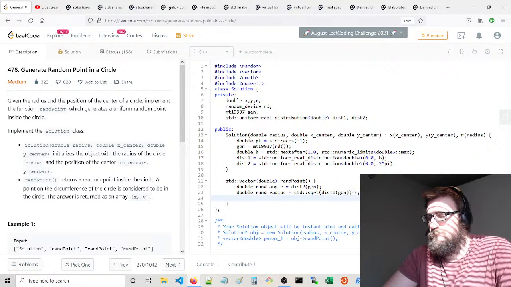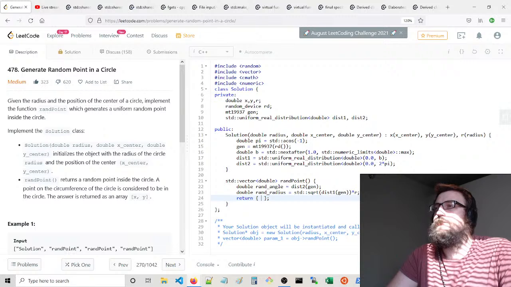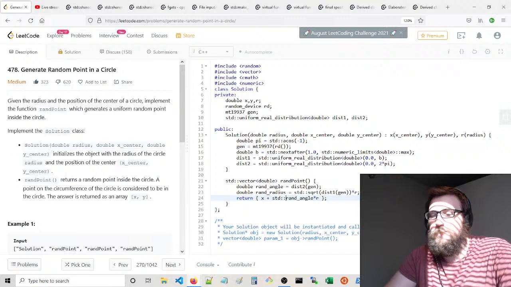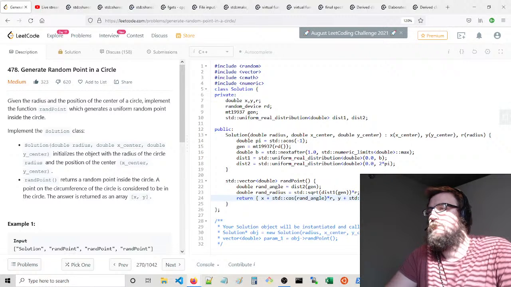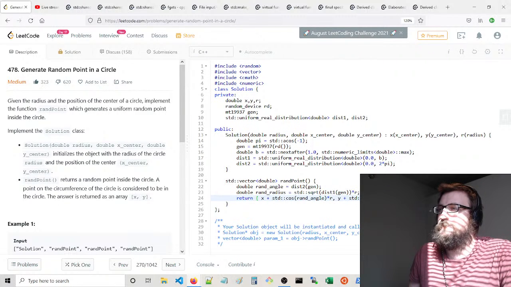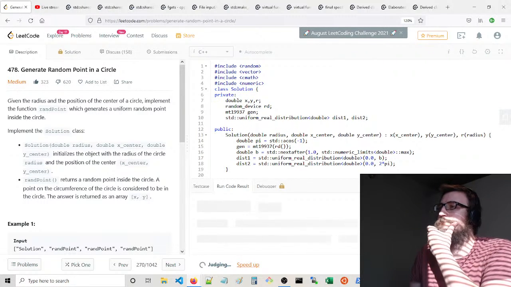And now you're going to say return this vector with x plus cosine of this random angle times r, and y plus the sine of this random angle times r. And I'll explain why this is in a moment. Hopefully this compiles.